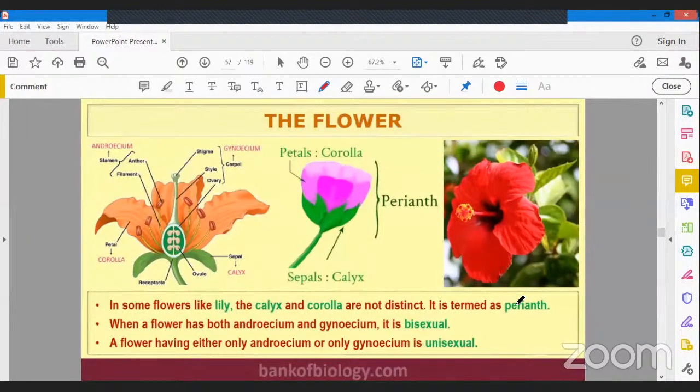When the flower has both androecium and gynoecium, it is bisexual. If it has only one of the two, either androecium or only gynoecium, then it is unisexual.